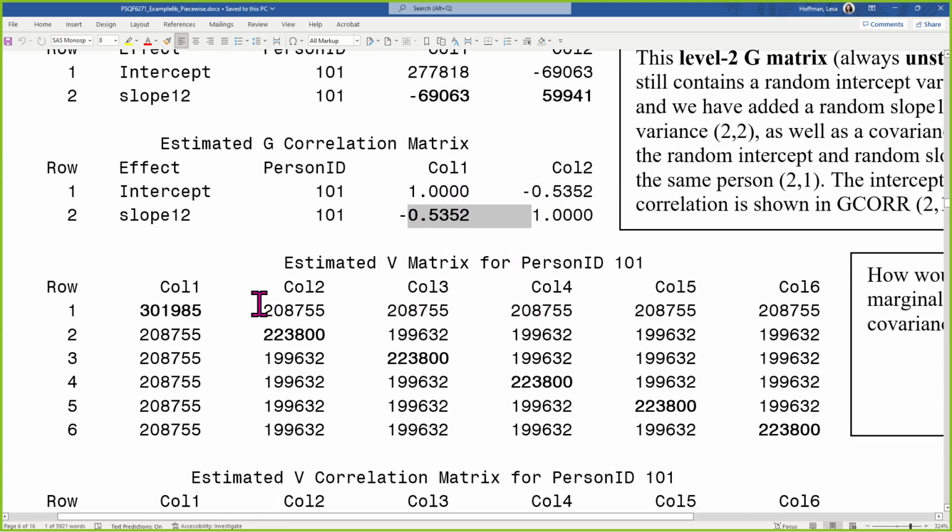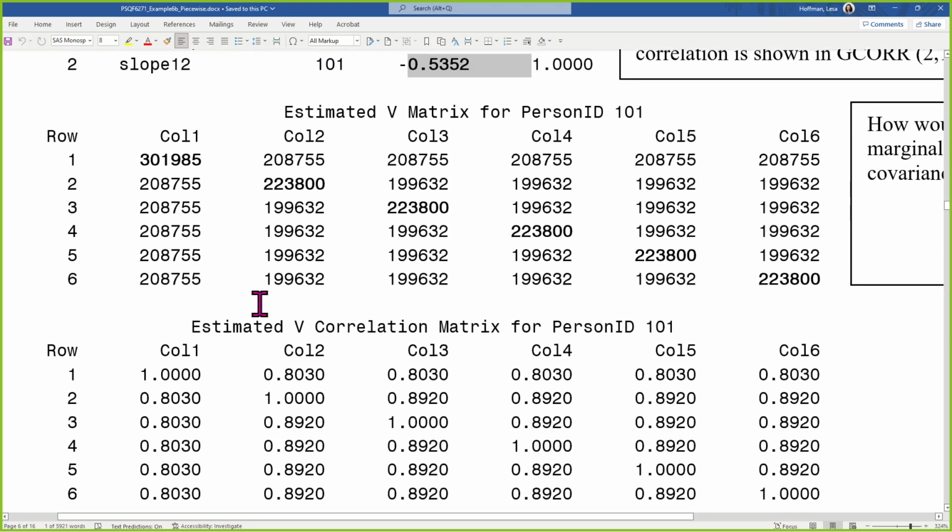And now the V matrix that we have here has a funky looking pattern. We haven't seen anything like this yet. So is the diagonal heterogeneous or homogeneous? Let's see. It's funky. That's what it is. Because this part is different, but from there, it's all the same. Because it's piecewise, exactly.